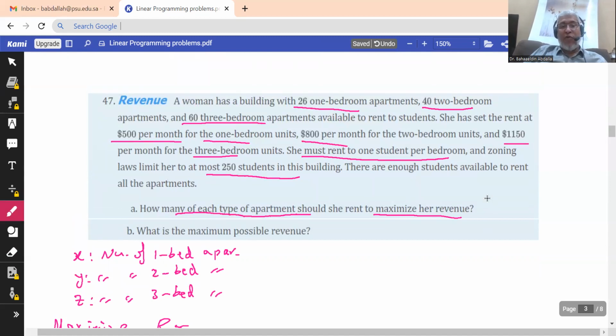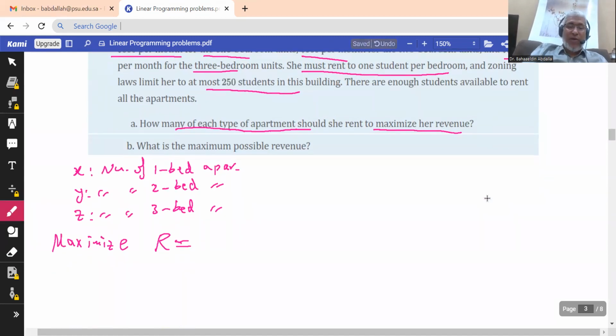What is the revenue? $500 per month for one bedroom units, and X is the number of all one bedrooms. So if I multiply 500 times X, this would be the revenue from renting the one bedroom apartments.